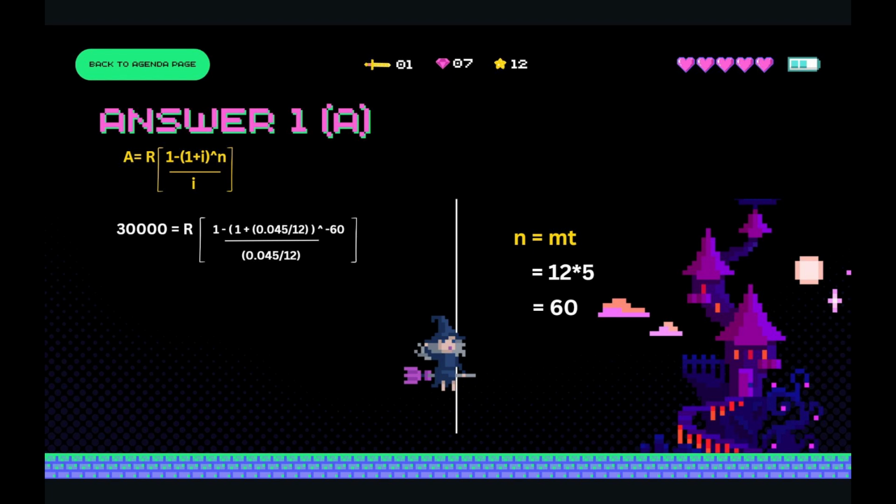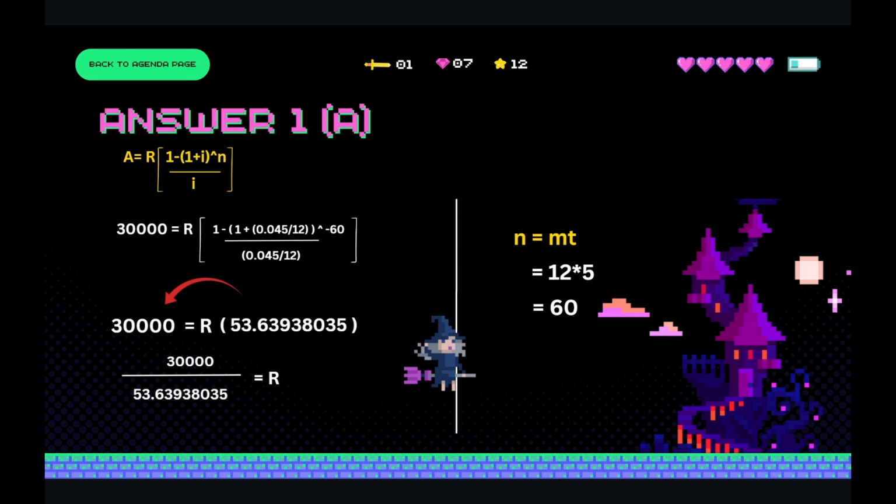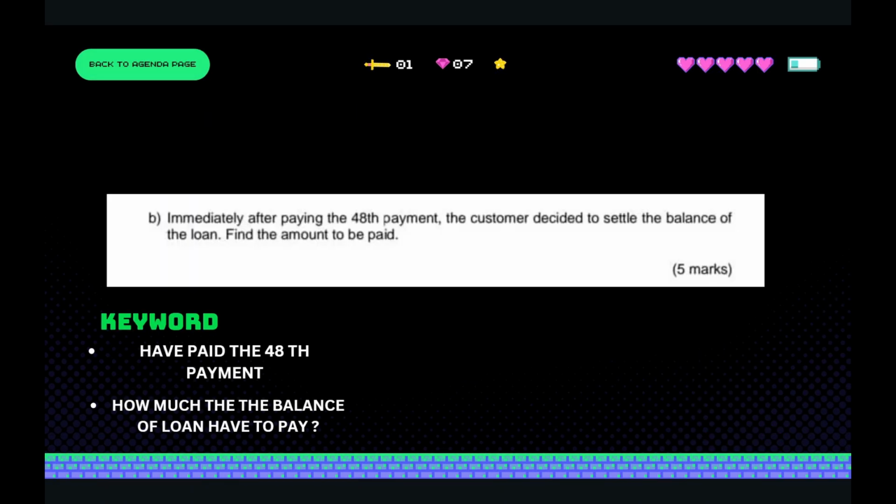So we need to solve the bracket number first, and we will get 53.63938035, and then we will move the bracket number to the left, and 30,000 ringgit will be divided by the bracket number, and the final answer we will get 559 ringgit 29 cent.